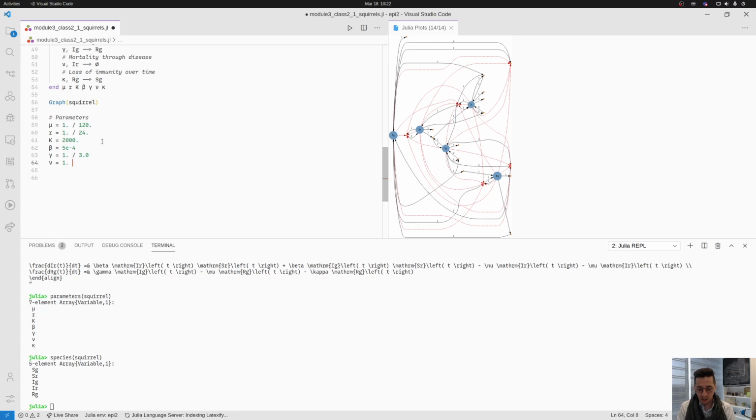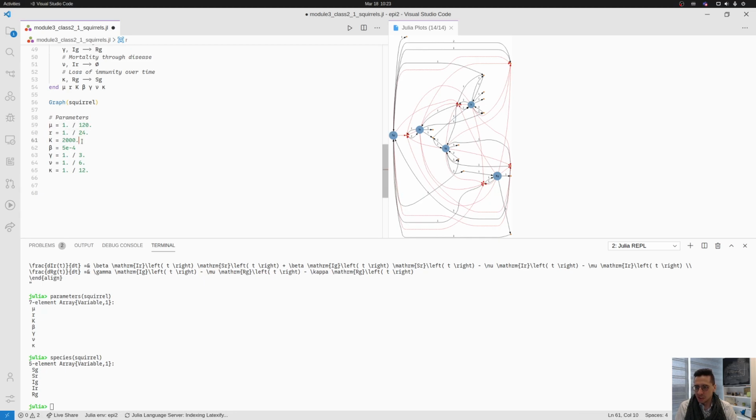Anyway, we're going to say that it's like a 6 months life expectancy when you're infected by that disease, and then kappa is the duration of immunity, which we're going to put at a year.